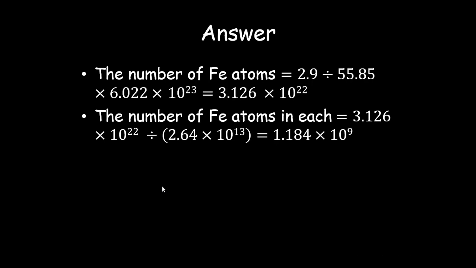The number of iron atoms in each blood cell equals 3.126 times 10 power 22 divided by 2.64 times 10 power 13, which equals 1.184 times 10 power 9. So the answer is B.